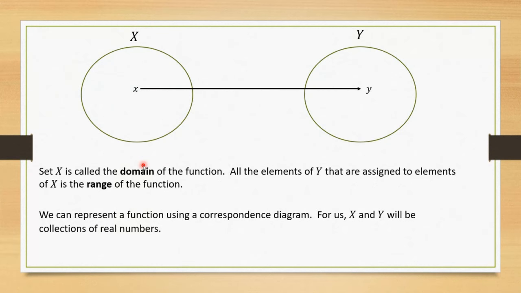The collection of all your inputs is the domain. The collection of all your outputs is the range. So everything that goes into the function is the domain. What comes out of the function is the range. And this is just what I said before. We can use a correspondence diagram, which looks like this, although usually you're going to have more elements and more arrows.